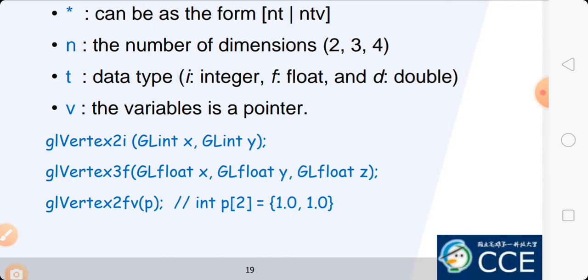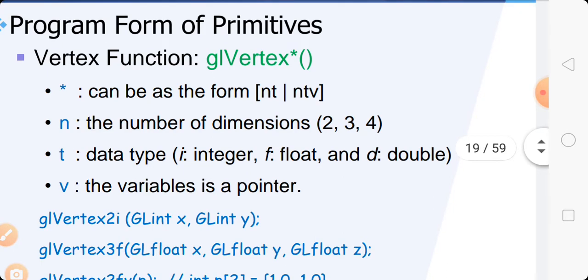Here 2 is the dimension, f is the data type, and v means a variable, which is a pointer variable. Its meaning is int p[2], a pointer variable that contains two values, 1.0 comma 1.0. So this is the function, and we have to understand this.